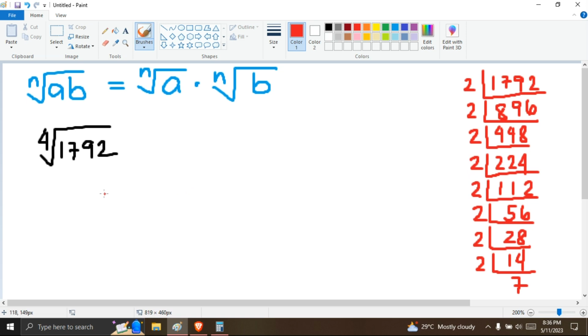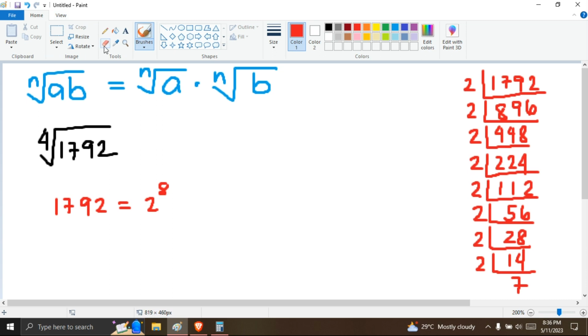So if you're going to factor 1792 by its prime factors, mao ni siya. That is 2 to the power of... So mag-ihap ka pila ka 2. Kung pila ka 2, mao nang imuhang exponent. Okay? So 1 2 3 4 5 6 7 8. So that is 2 to the power of 8.